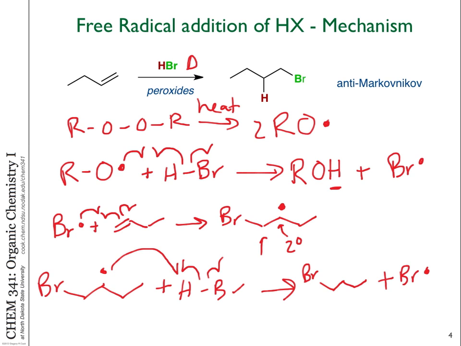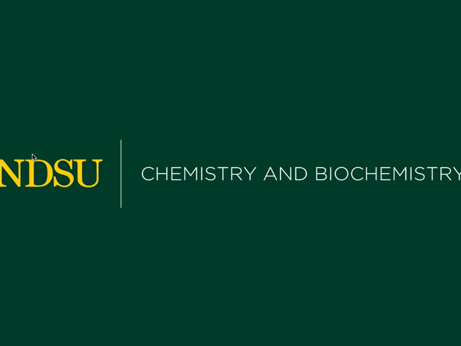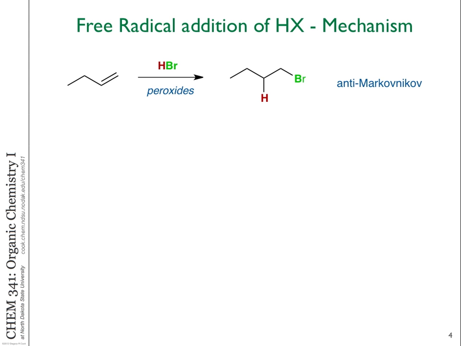If you were to do this in water, you'd probably have H plus and Br minus. So when we do these peroxide reactions, we actually do them in other organic solvents. So there are no ions. Absolutely. If you form ions, then it'll add H plus. I didn't put the solvent details on here. Peroxides are not the solvent, they're a reagent added.